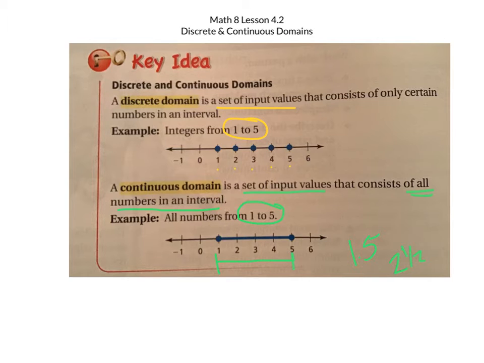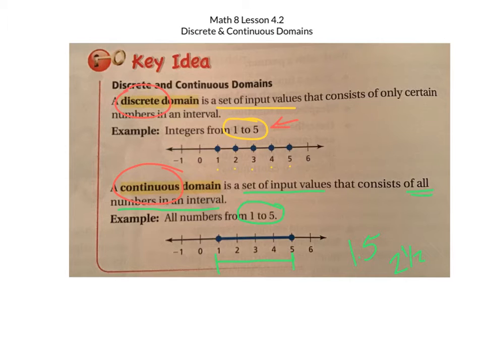How I like to remember it is a discrete domain has to be whole numbers. You can't have a part or a portion of whatever you're discussing. Continuous domain, you can have a portion of it. Let me see if I can think of a good example. If I'm purchasing books, I can't buy a portion of a book.